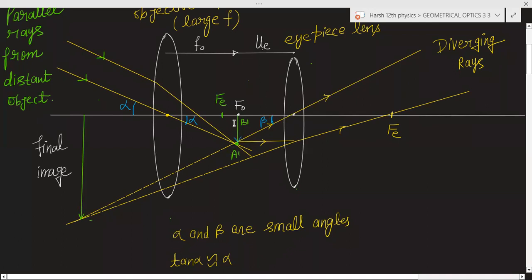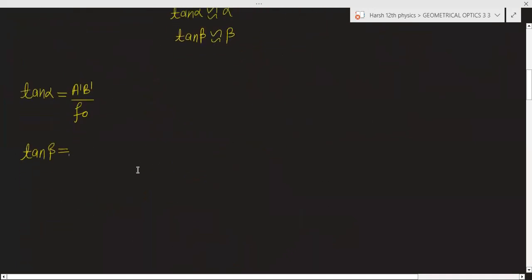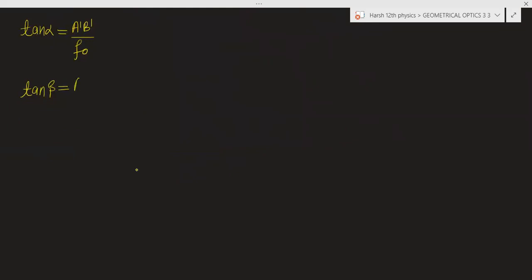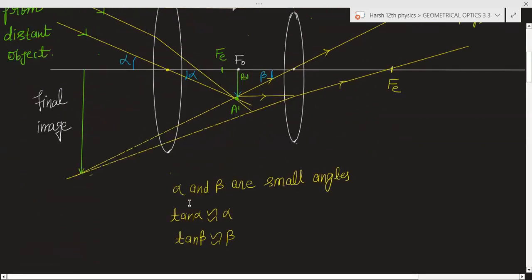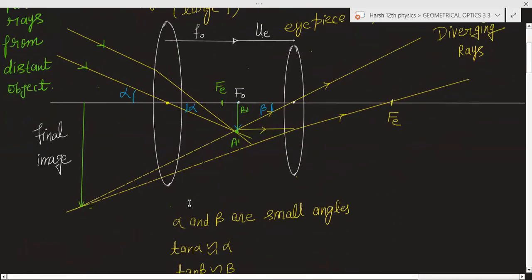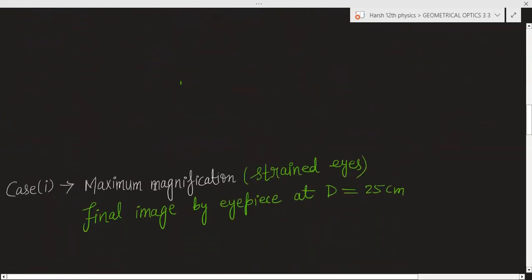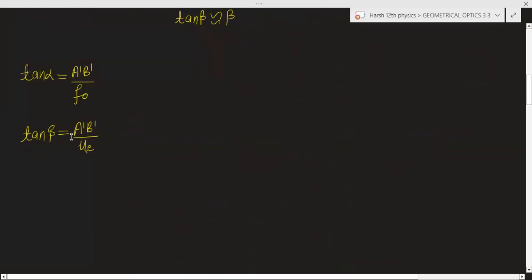So tan beta is perpendicular divided by base. The perpendicular of this triangle is A dash B dash, and the base is UE. So tan beta, you can write A dash B dash divided by UE. You can also do this derivation very easily, but for that you have to practice.